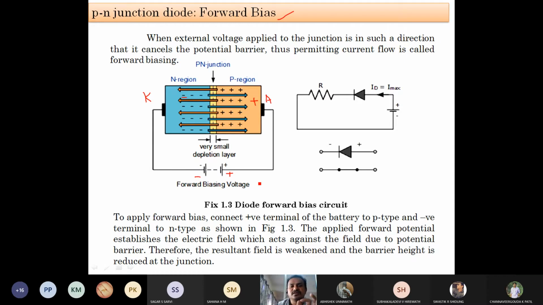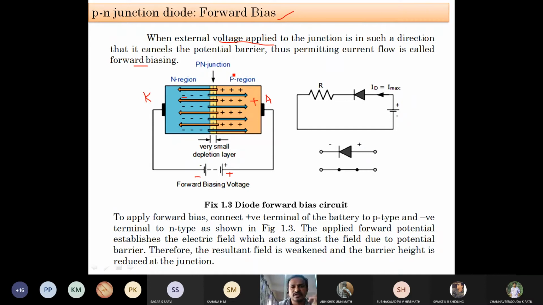This type of connection is the forward bias condition of the diode. When the external voltage applied to the junction is in such a direction that it cancels the potential barrier, thus permitting current flow, it is called forward biasing.